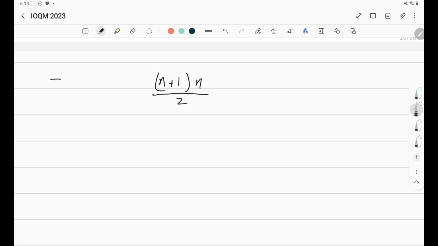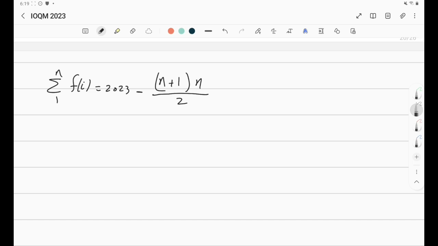So basically, the sum of f(i) from 1 to n is equal to 2023 minus this. In order to minimize this, we need to maximize n. This is simply what they want.